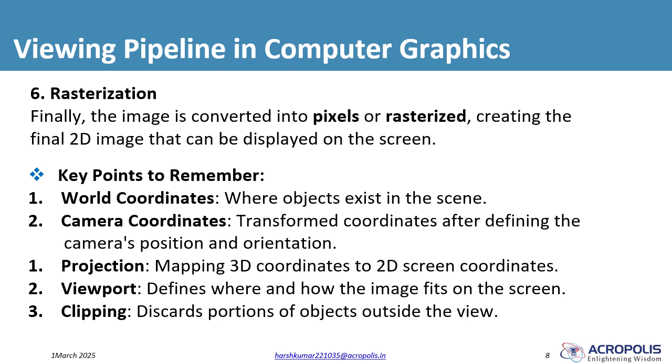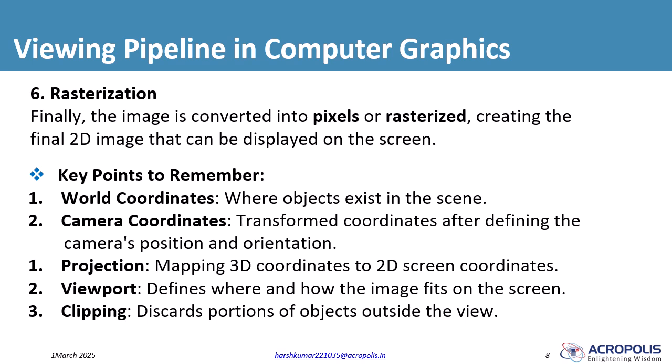So this viewing pipeline is a step-by-step process of how coordinates of a real-world object are converted into 2D coordinates, which one can view on the screen or monitor. The key points to remember are: world coordinates, where the objects exist in the actual scene in the real world.